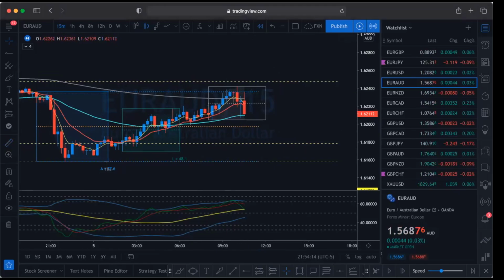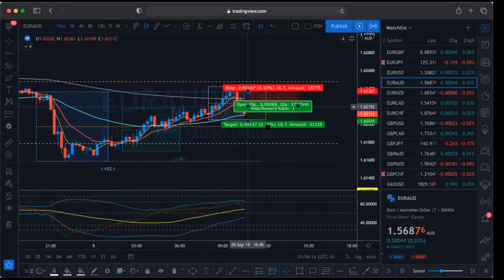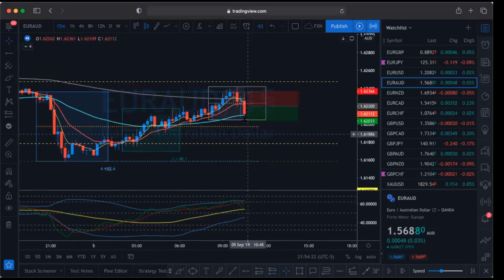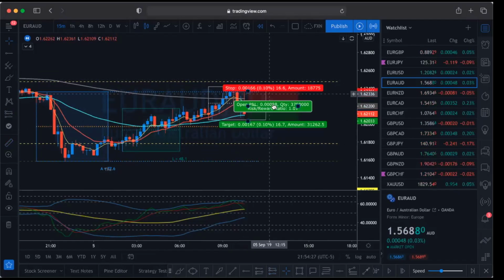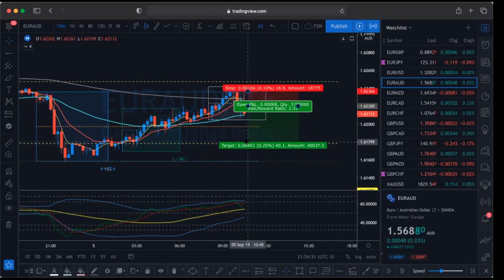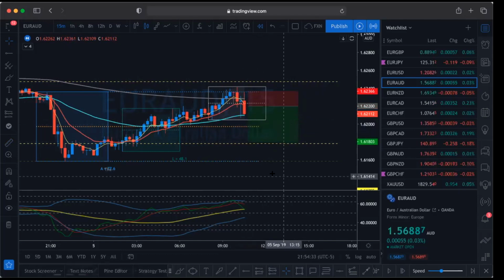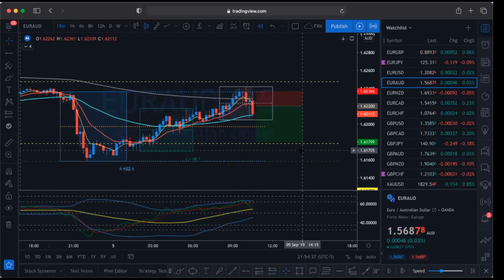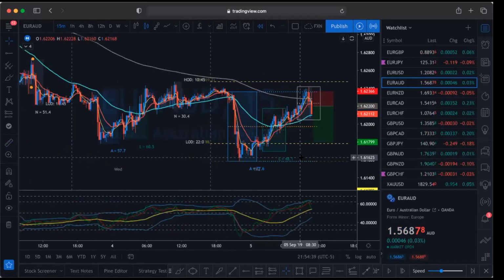So for me, a pullback would need to at least come up to here, middle of that candle there, at least half of that candle back for it to make sense, because then it would make sense of a 15, 16 pip stop loss. And then on a 2-to-1, you could just take it here and you get a 2-to-1 risk reward out of it.